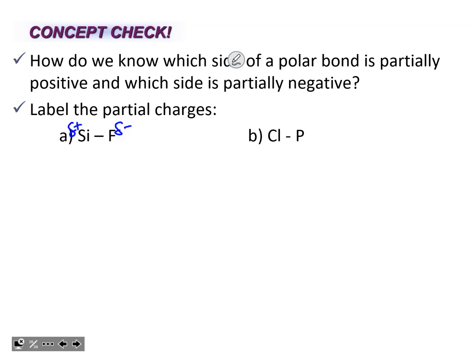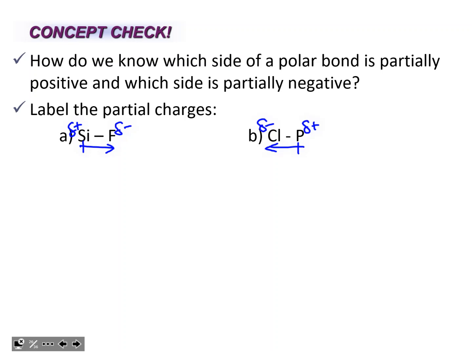Out of chlorine and phosphorus, though, which one gets the partial negative? Which one gets the partial positive? Chlorine is more electronegative, so it gets the partial negative. The phosphorus gets the partial positive. If you're looking at dipole moments, the arrow would point towards the one that is more electronegative. It's like an arrow with a little cross tail.